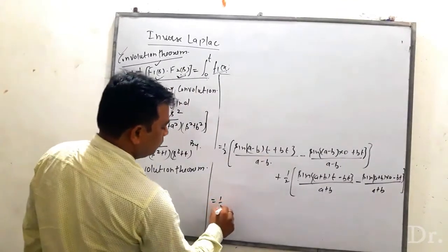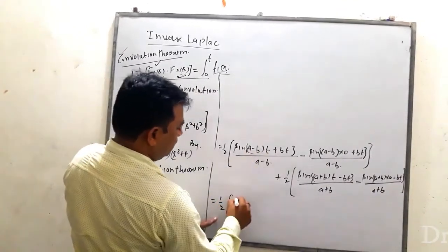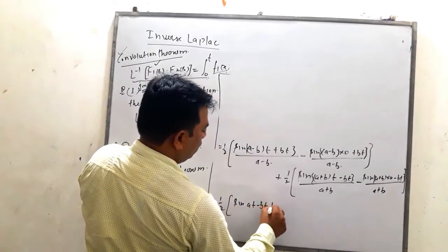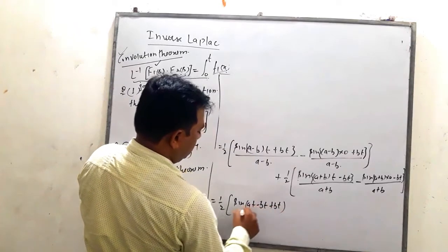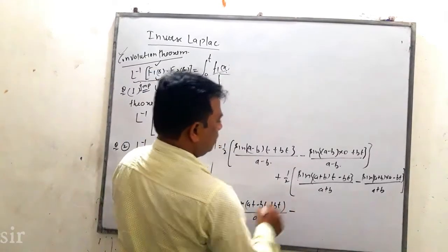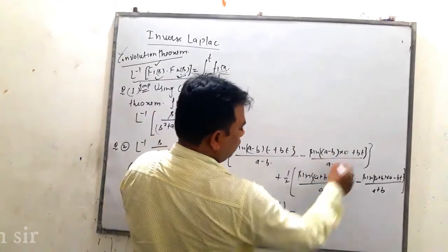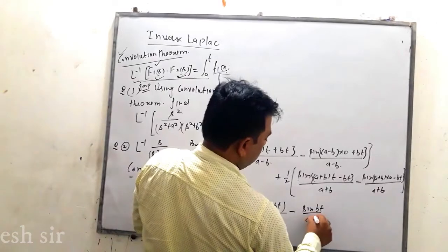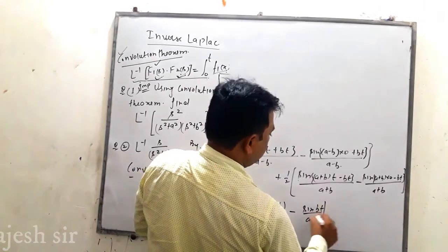Sort out 1 by 2 multiply by t, sin at minus bt upon a minus b, minus this is 0, sin of bt upon a minus b.